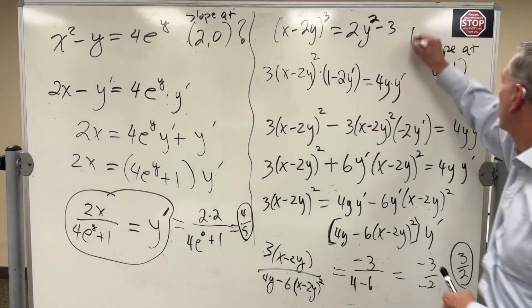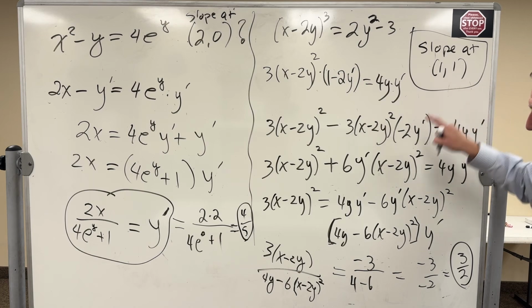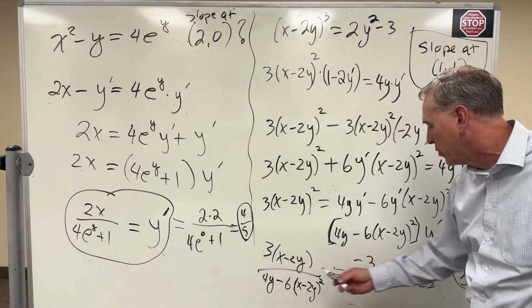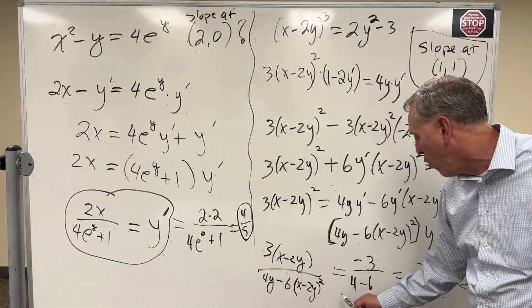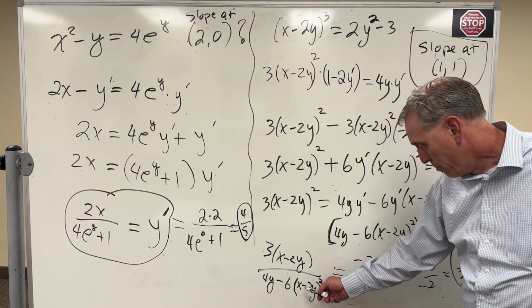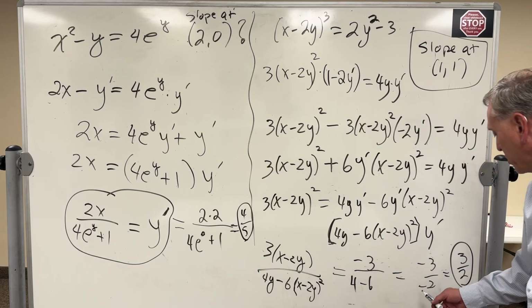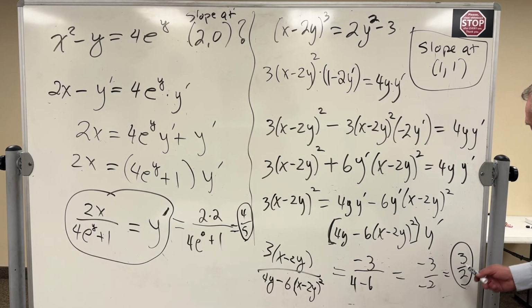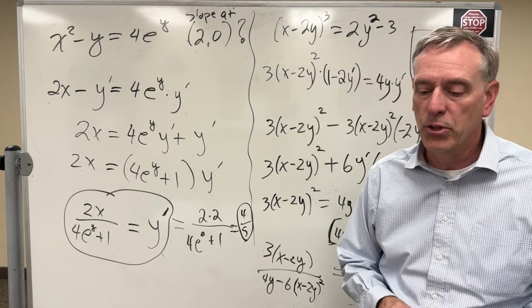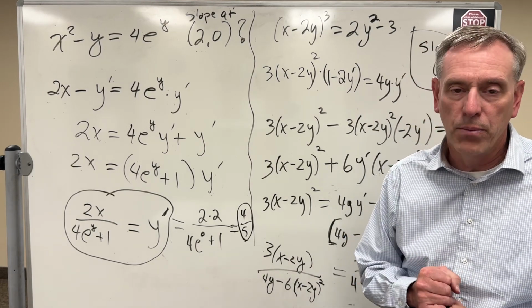We put 1, 1 in here. So 1 minus 2 is minus 1 times 3, minus 3. 4 times 1 is 4. 1 minus 2 is minus 1, but squared it's a positive 1, times 6, so 4 minus 6, minus 2. So we get minus 3 over minus 2, which is 3 over 2. And so that's how implicit differentiation is ultimately done in a problem like that.